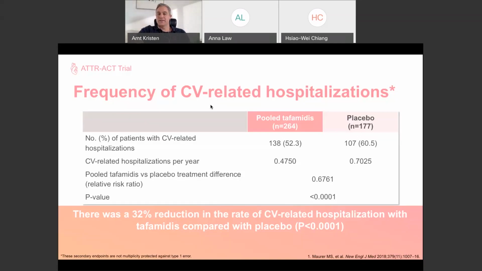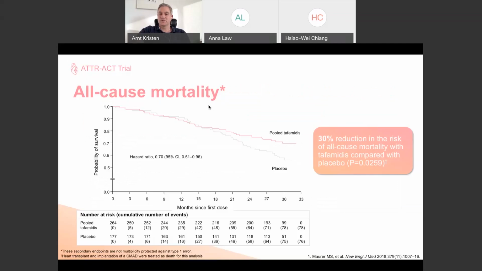You will see a Kaplan-Meier curve for all-cause mortality for patients treated with tafamidis in comparison to the placebo cohort. Patients treated with tafamidis, either 20 or 80 milligrams, are given in red. And there was a 30% reduction in the risk of all-cause mortality in patients treated with tafamidis in comparison to the placebo cohort.